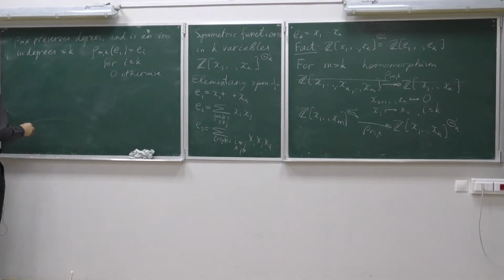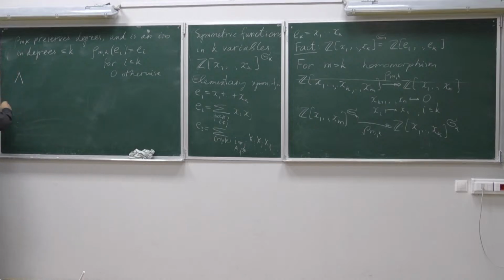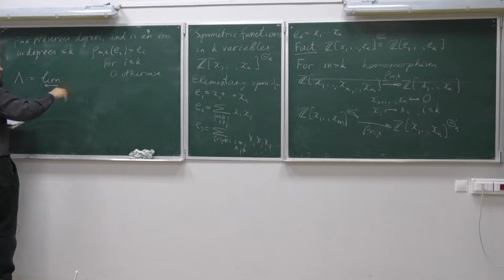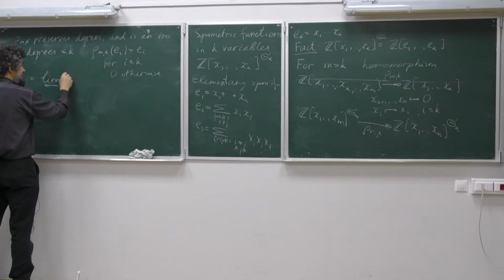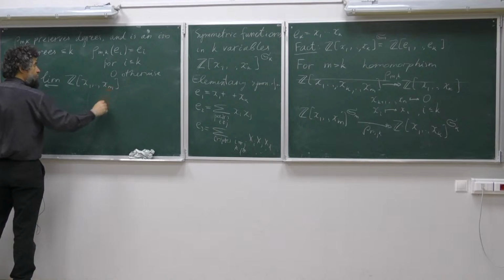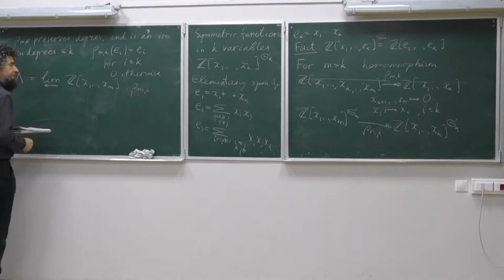Okay, so this ring lambda, ubiquitous, we discussed it the whole time last Tuesday, is defined as the inverse limit of this system with respect to the transition maps rho mk.